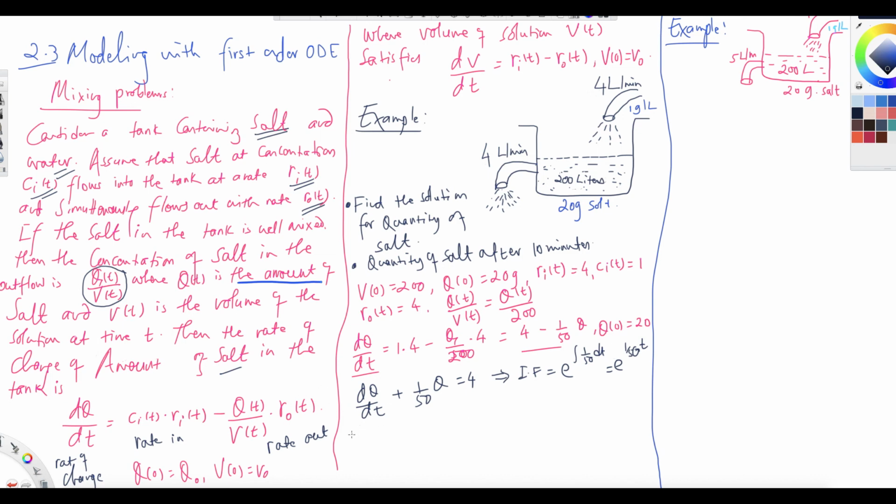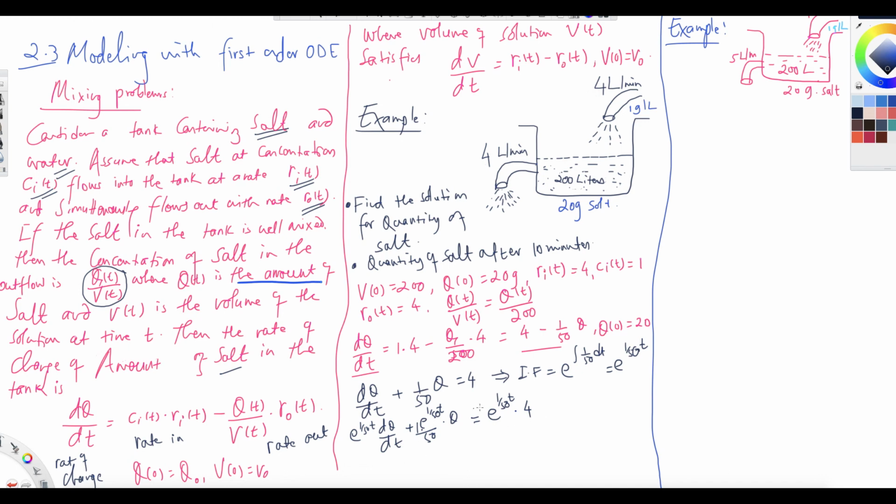We multiply all these terms by that value. So e to the 1/50 t times dQ/dt, plus e to the 1/50 t times Q over 50, equals e to the 1/50 t times 4. That's what you get.